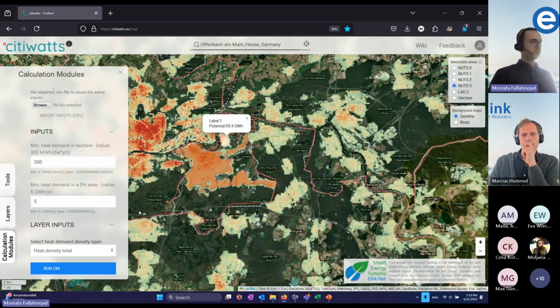So maybe I want to have a better overview, then I can of course move on with higher densities, put a higher threshold level to remove pixels that do not fulfill it. Yeah, maybe I need to refresh.